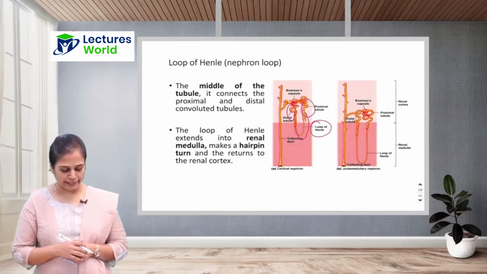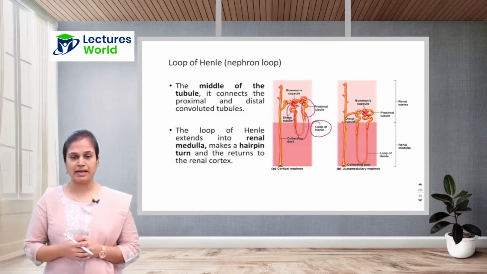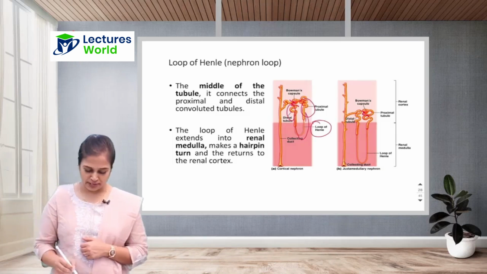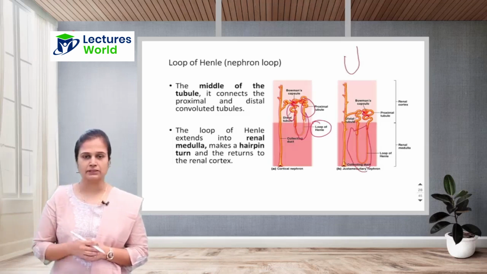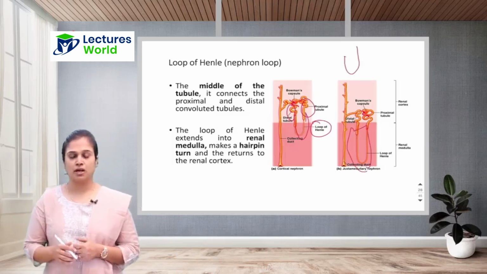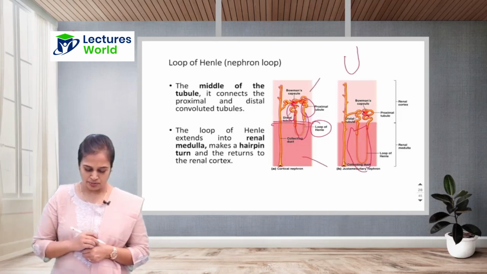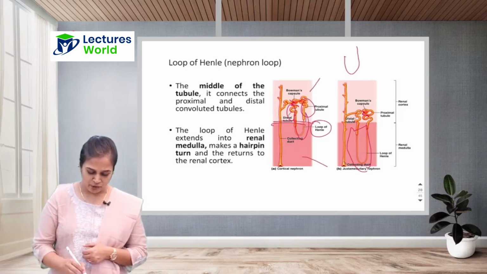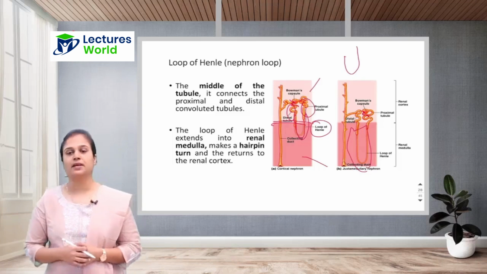The loop of Henle extends into the renal medulla and makes a hairpin turn, this way, and returns to the renal cortex. This is the cortex and this is the medulla.